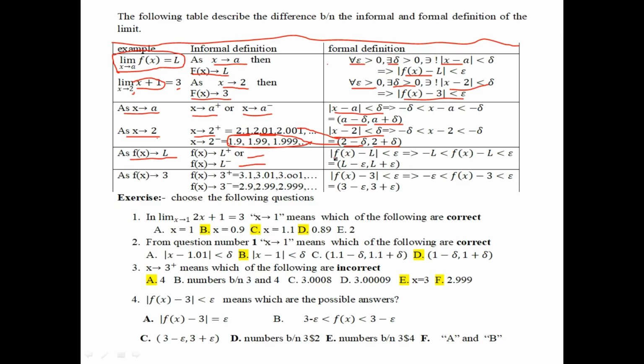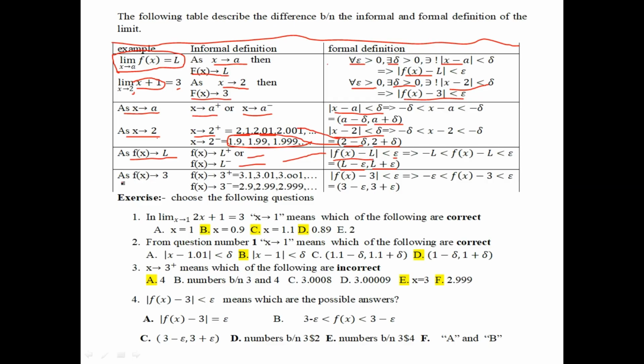In the formal definition, the corresponding formal limit is the absolute value of f of x minus L less than epsilon. When you simplify this using the rules of absolute value, this is the interval L minus epsilon, comma, L plus epsilon.